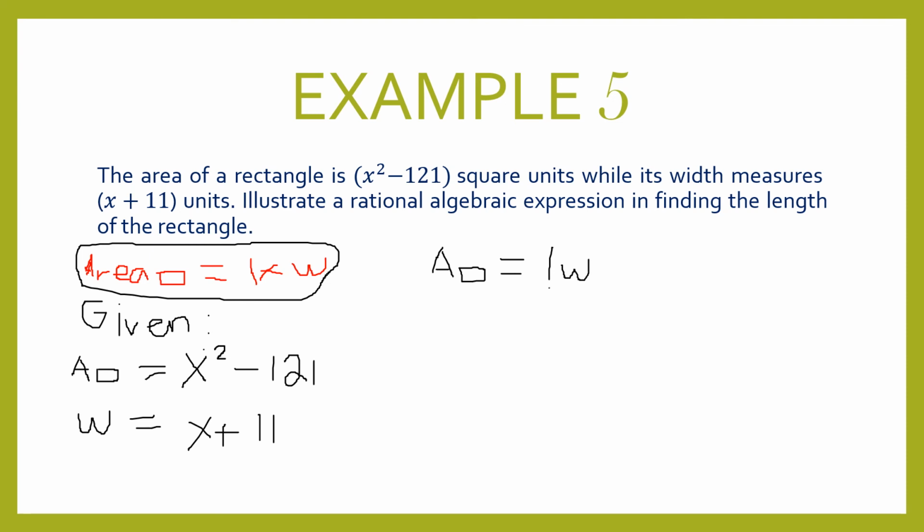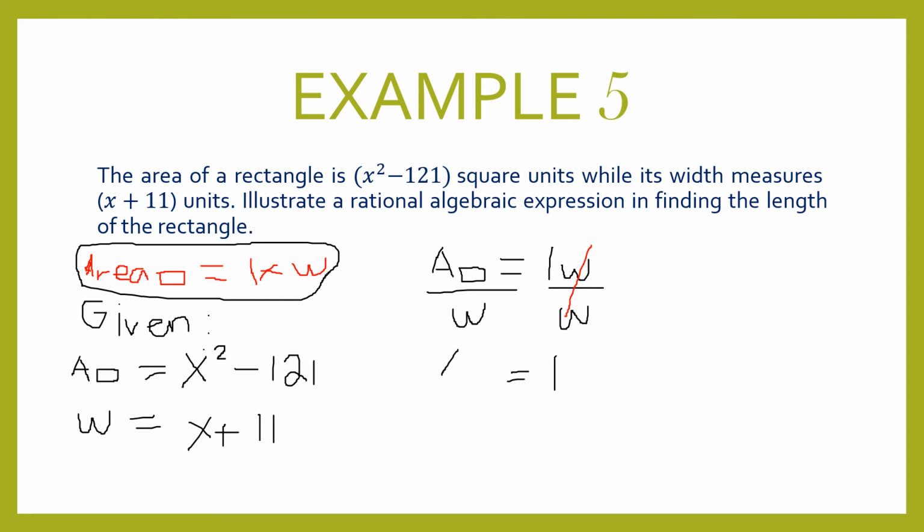So, to cancel out the width, kasi length lang hinahanap natin, divide both sides of the equation by W or width. So, after that, simplify. Width divided by width is equal to 1. So, tanggal na siya, that is 1 times L. So, matitira lang doon sa right side is L.